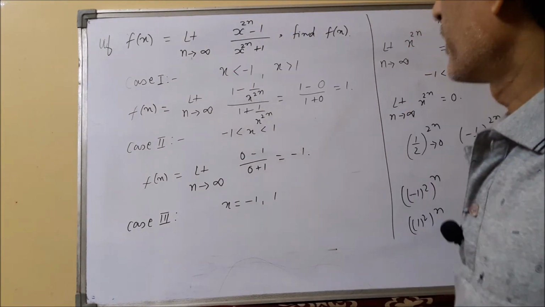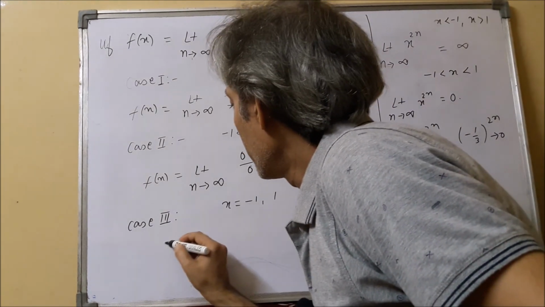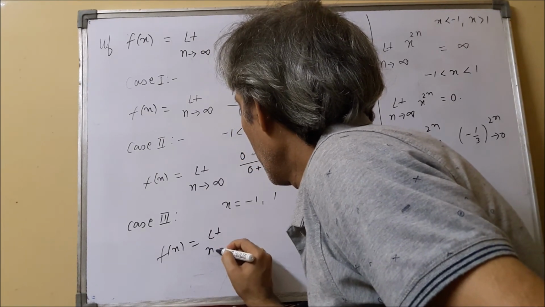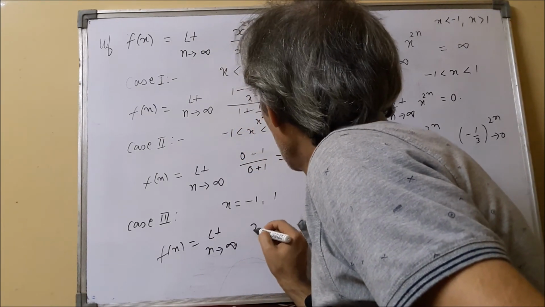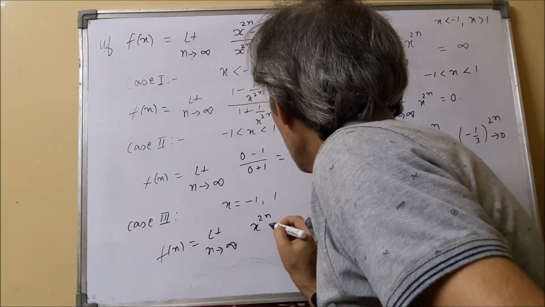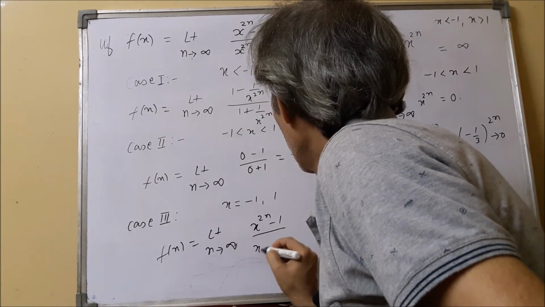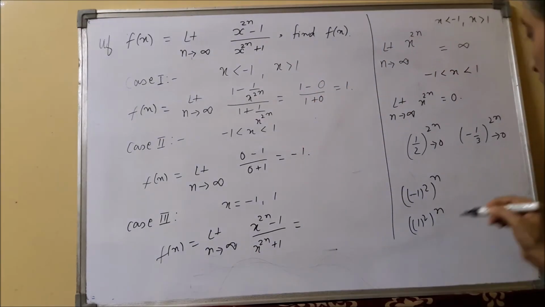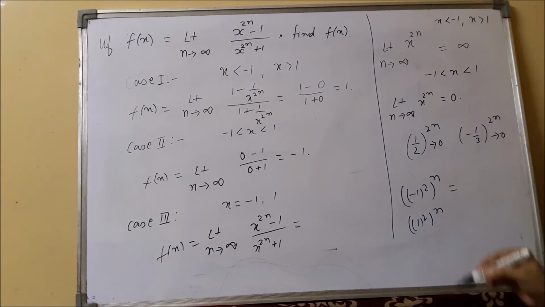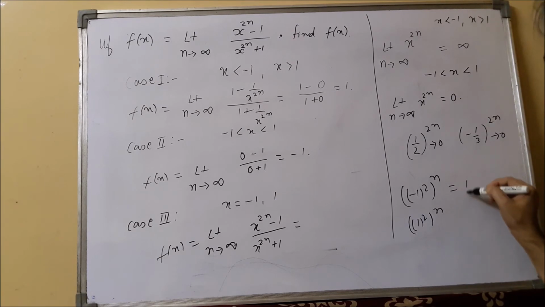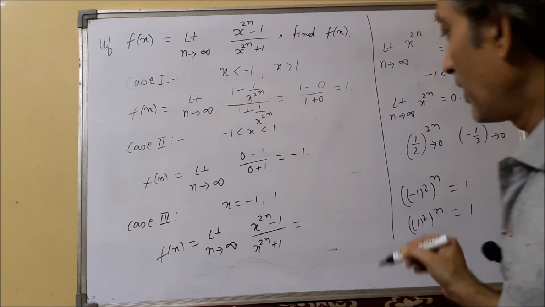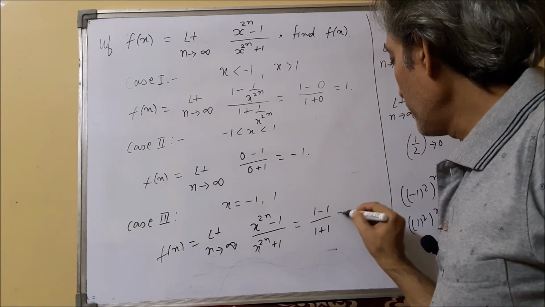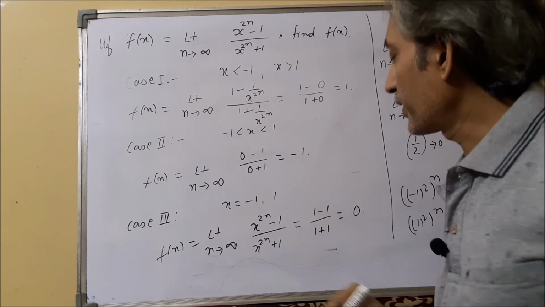So what will happen? This thing, in this case, will be equal to 1, and therefore we are getting 1 minus 1 upon 1 plus 1, so we are getting 0.